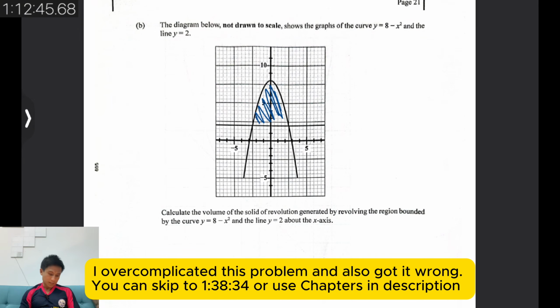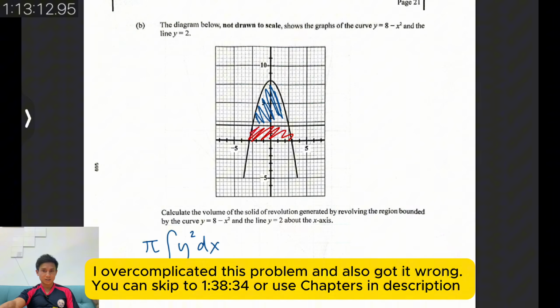Well, if it's the curve alone, then it's pi y squared dx. That's the volume of solid of revolution. But if we have to subtract the inner part here, let me imagine that. It's basically going to be just the ring area. If we take a single strip there, it's going to be the ring area.